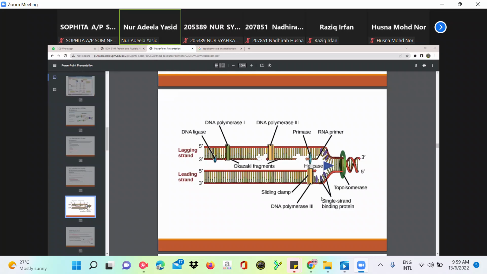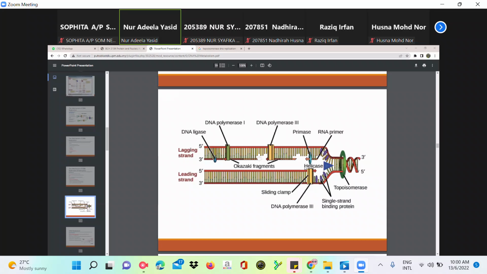It prevents the degradation of the DNA, itu satu. And also it prevents the re-annealing of the DNA helix. And also we have this primase.